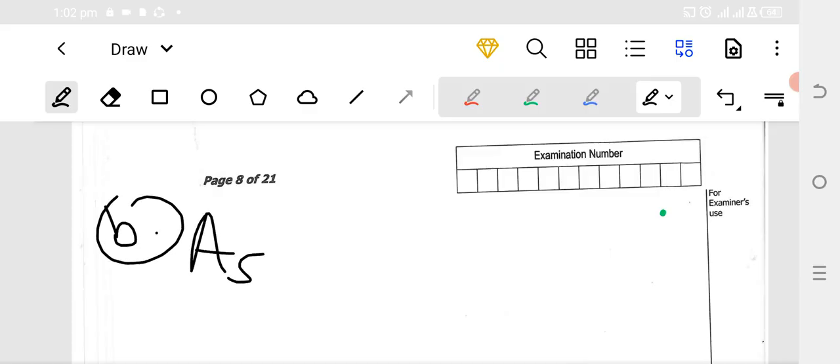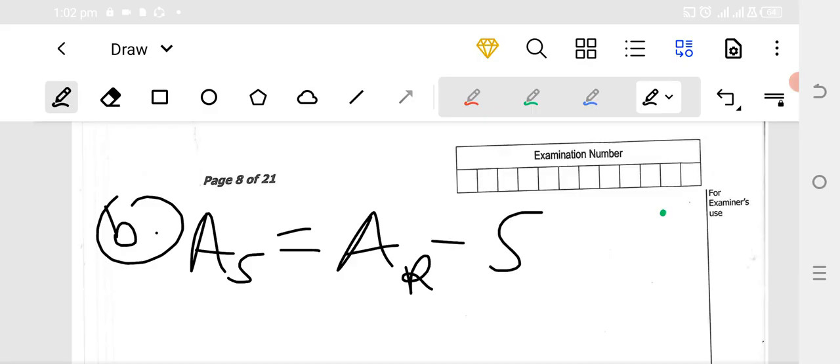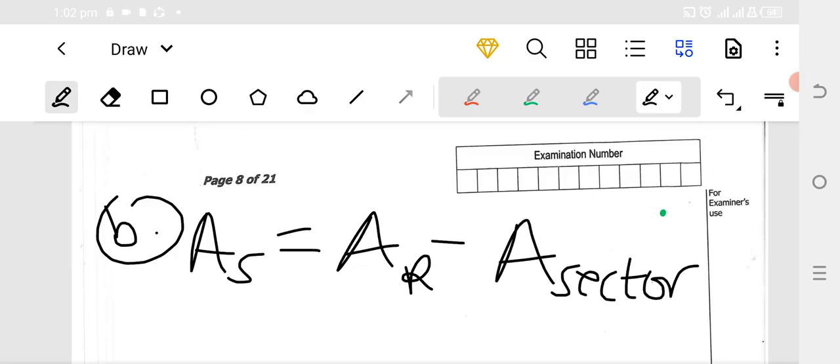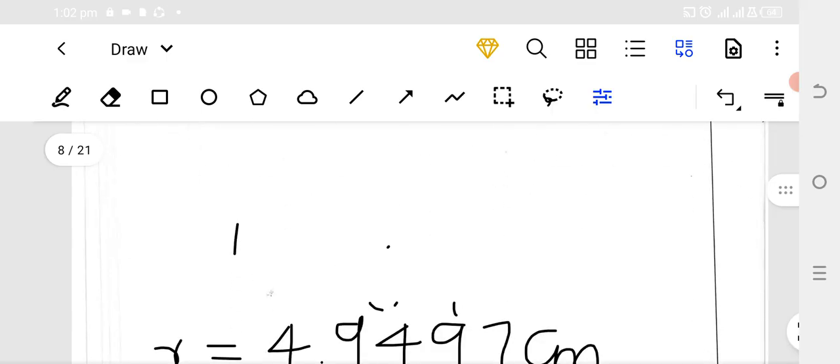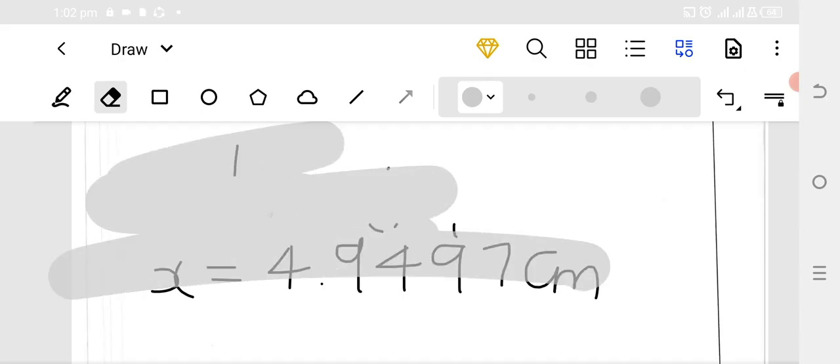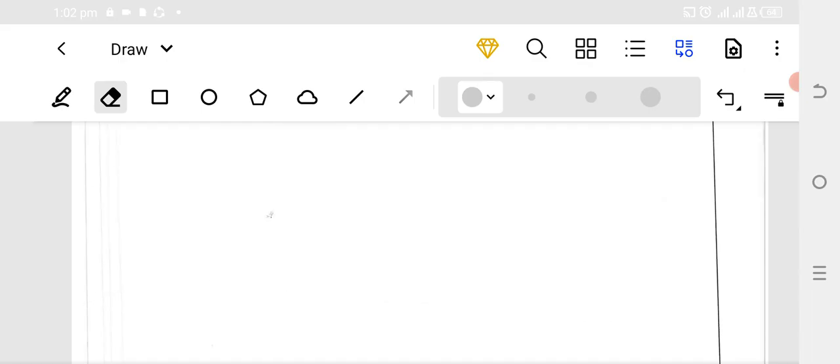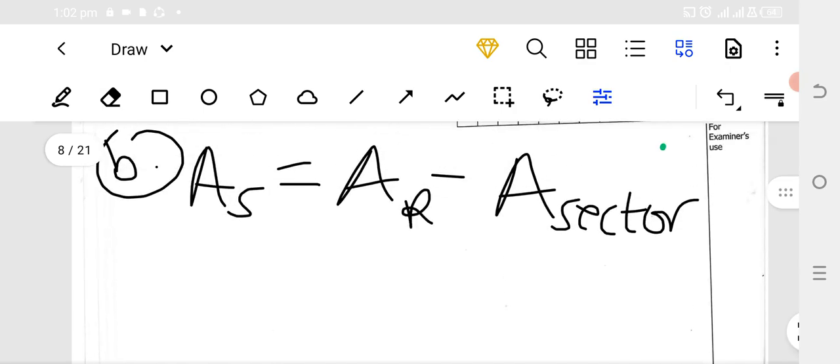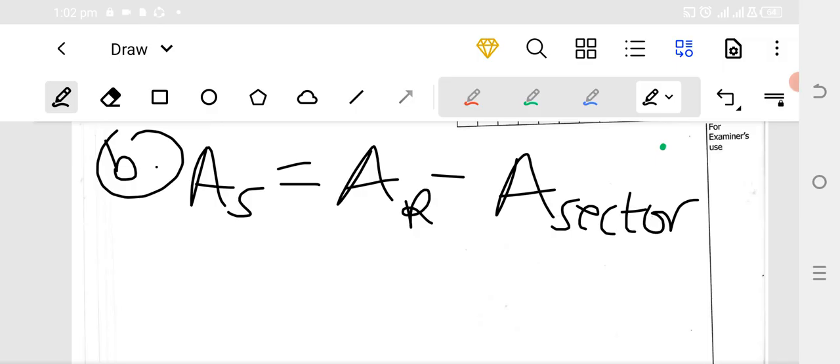The area of the shaded region is equal to the area of the rhombus minus the area of the sector. This means you are going to have the area of the rhombus is equal to the side length, which is 7, multiplied by the height.